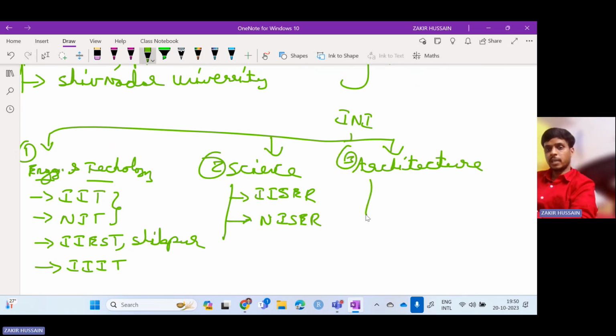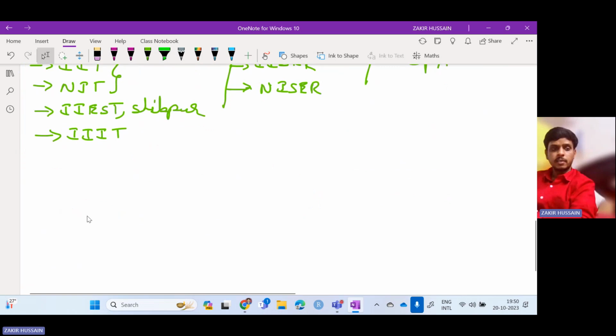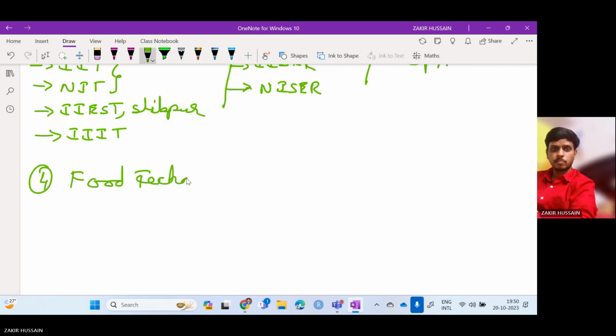In architecture, we have institutes located in various parts, the Schools of Planning and Architecture. Then the fourth classification is food technology. In the food technology category, we have institutes like the National Institute of Food Technology, Entrepreneurship and Management, NIFTEM.